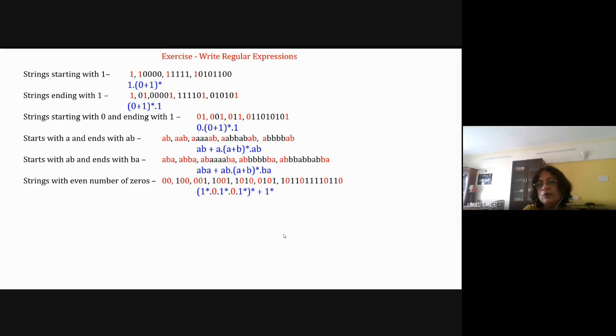So now it is the correct answer. All ones are allowed. That is my exception condition. And then for the remaining conditions, this expression will work. That is, one in the beginning, one in the middle, or one may be at the end, and zero can be there anywhere. If 0 0 is there, that is also accepted because it is 1 star and bracket star. So it will work.